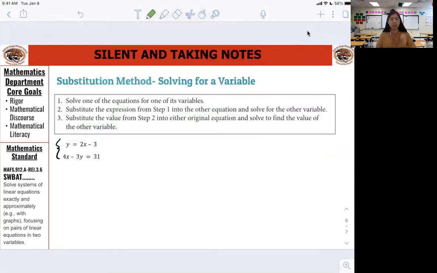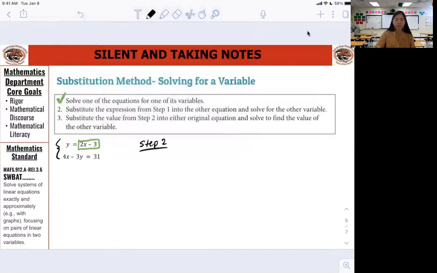So we can actually skip step 1. Look at it for yourself. Which of these variables is already alone? It's this y right there. He's already alone on one side of the equal sign. So we skip step 1 and we can go right to step 2.